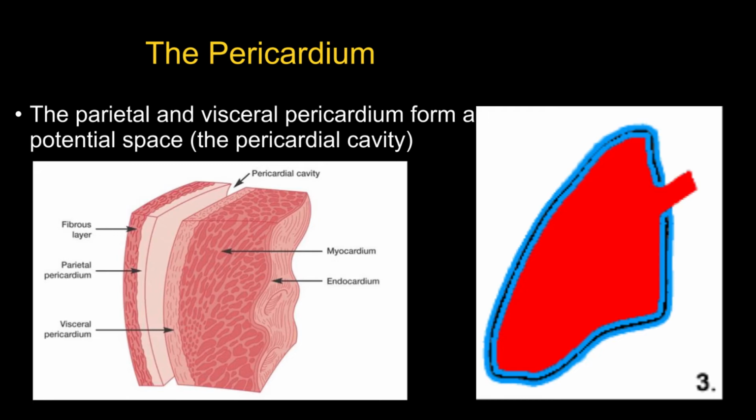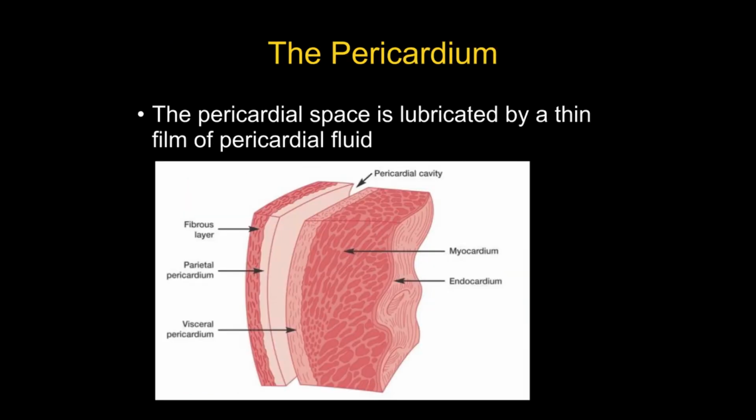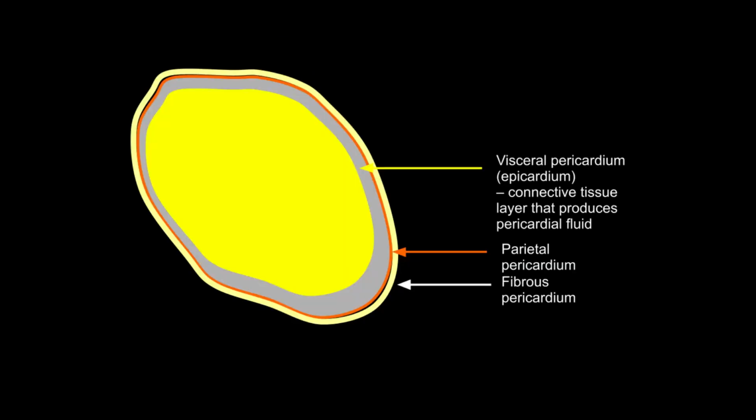That is a potential space, a very tiny space, which may enlarge if there is an accumulation of pericardial fluid. If the pericardium is inflamed, it is a condition we call pericarditis.